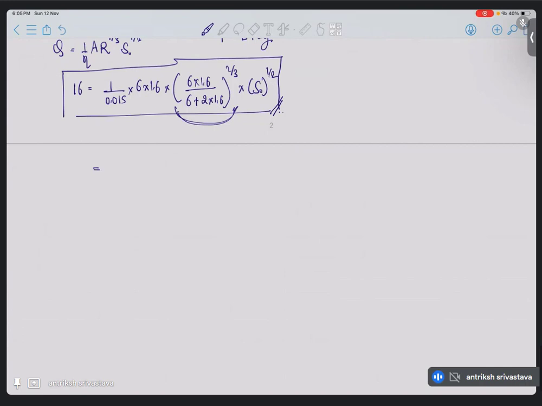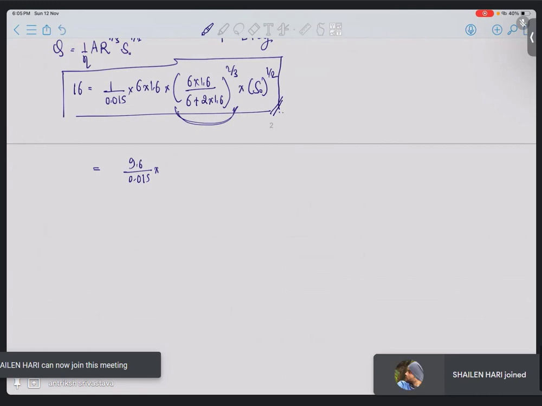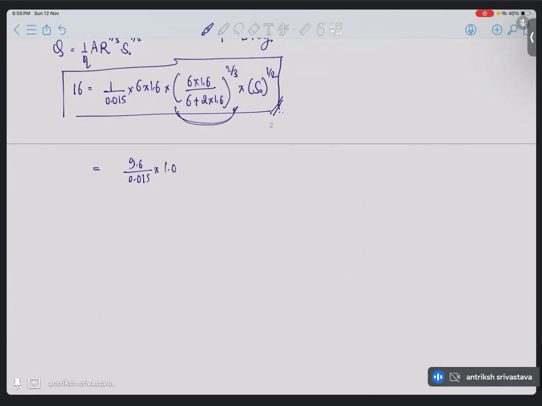So we have here 9.6 divided by 0.015 into 1.028 into S naught power 1 by 2, that is equal to 16.